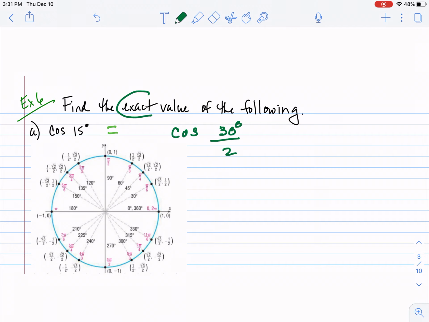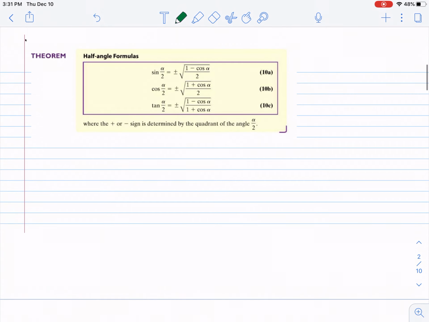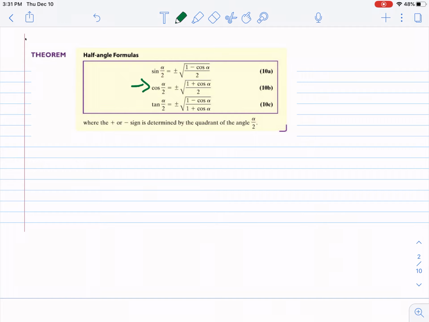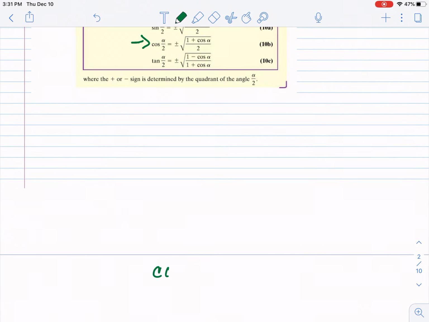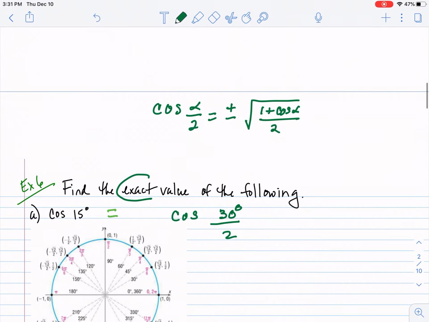So notice, in that case here, I'm going to use this formula, the cosine of alpha over 2 is equal to plus or minus, now this is a little tricky, the square root of 1 plus the cosine of alpha over 2, okay? Now, 30 over 2 is 15.